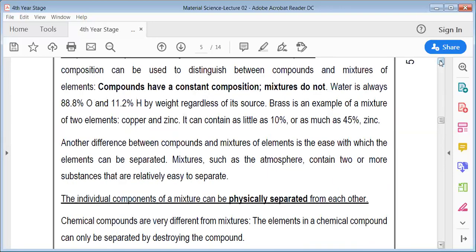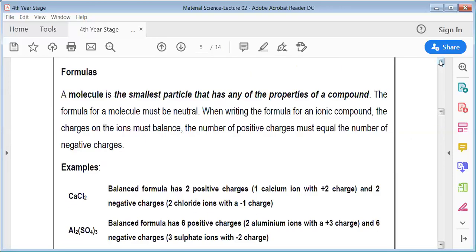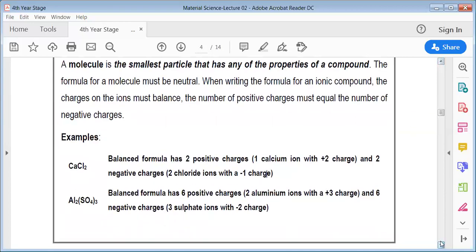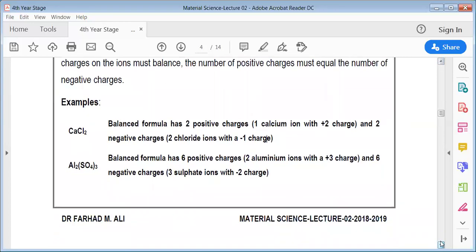We're giving you examples here. CaCl2: one calcium ion with two positive charges and two negative charges from chloride, so that's why CaCl2. Another example, aluminum sulfate.